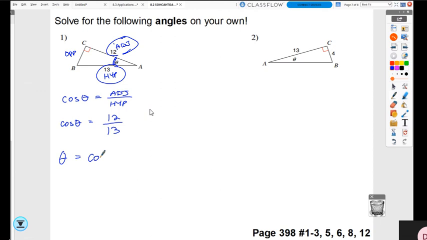Theta equals the cos inverse of that. That's 50.6 degrees.